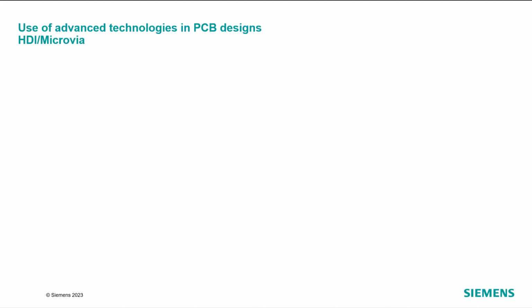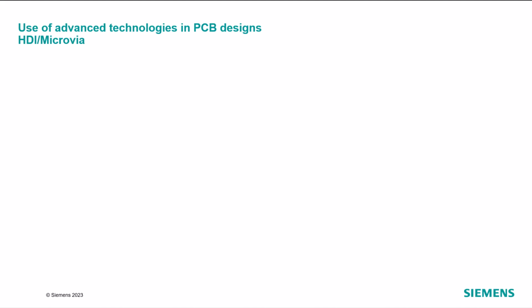HDI PCBs typically have finer lines and traces, microvias, and higher connection pad density compared to traditional PCBs. As electronic components and PCB real estate get smaller and smaller, microvias and HDI technology have become more viable solutions.